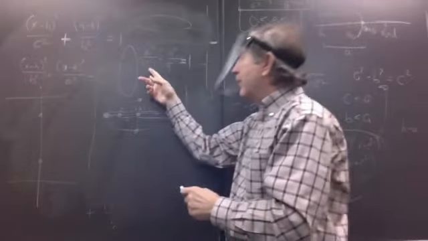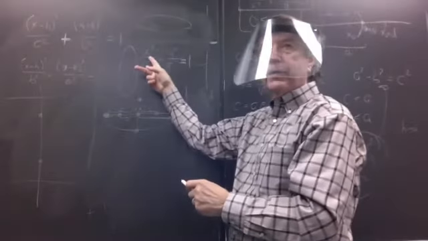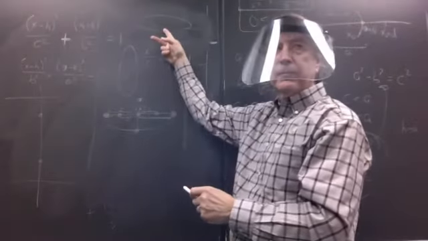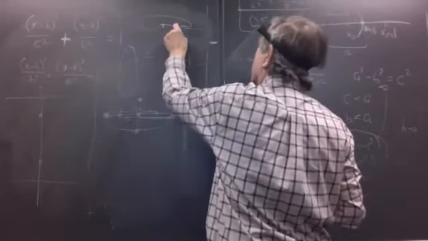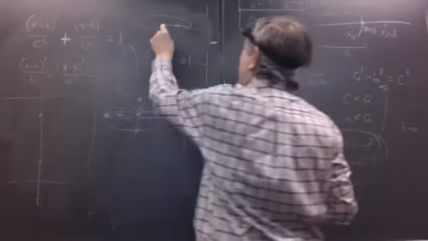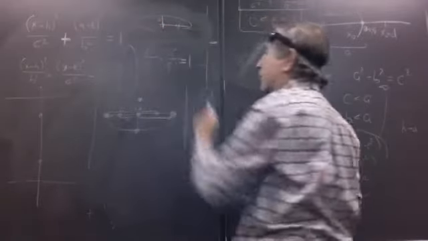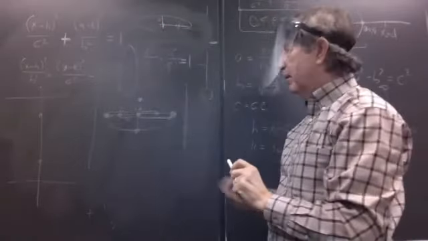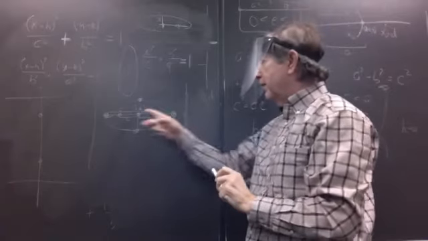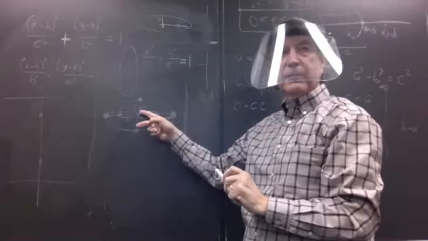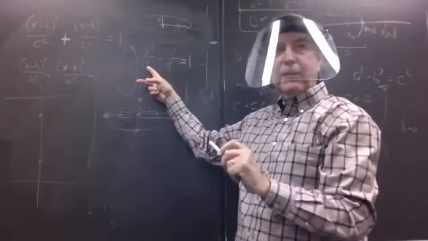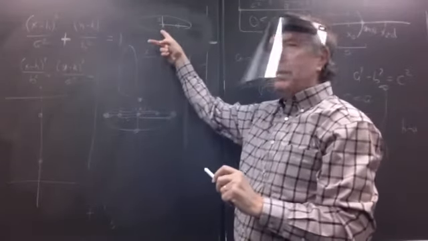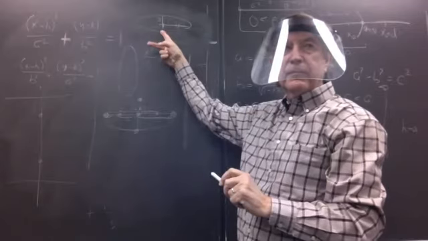When the bigger number is under the X, it looks like this, because this distance across here is going to be 4, and this distance is going to be 3, because I just told you this is A, and this is B. So when I see the bigger number under the X, that tells me it's going to be like this.